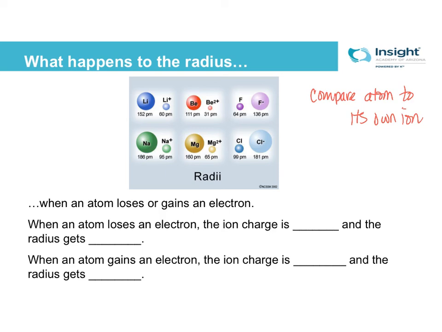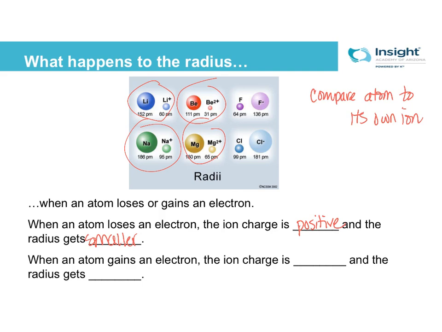Think about what type of ion you're looking at, and then look at your pictures. The ion is going to be positive when it loses an electron. What do you see happening in the picture here with the positive ions? The radius does what? Looking at these positive ions, it gets smaller.